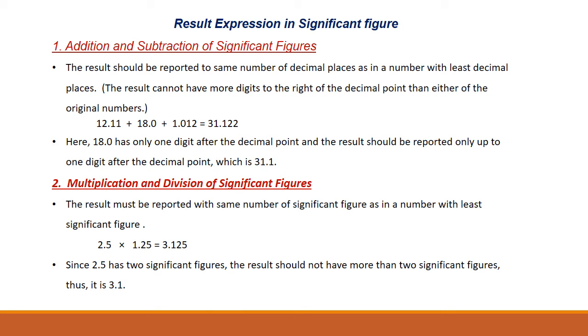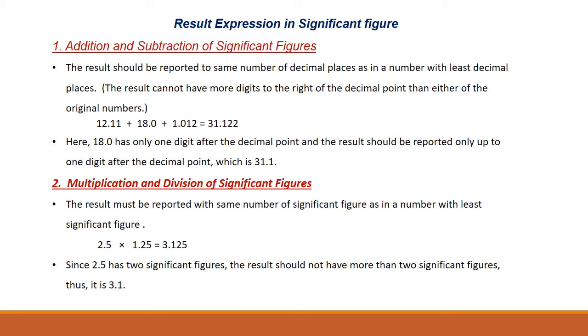Multiplication and division. During this calculation, we have to get the answer in significant figures. So in that case, we must know that the result must be reported with the same number of significant figures as in the number with the least significant figures.